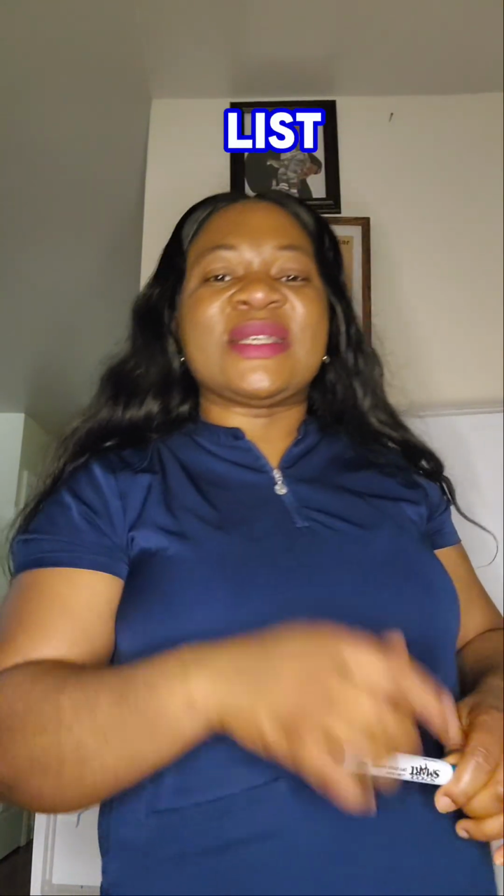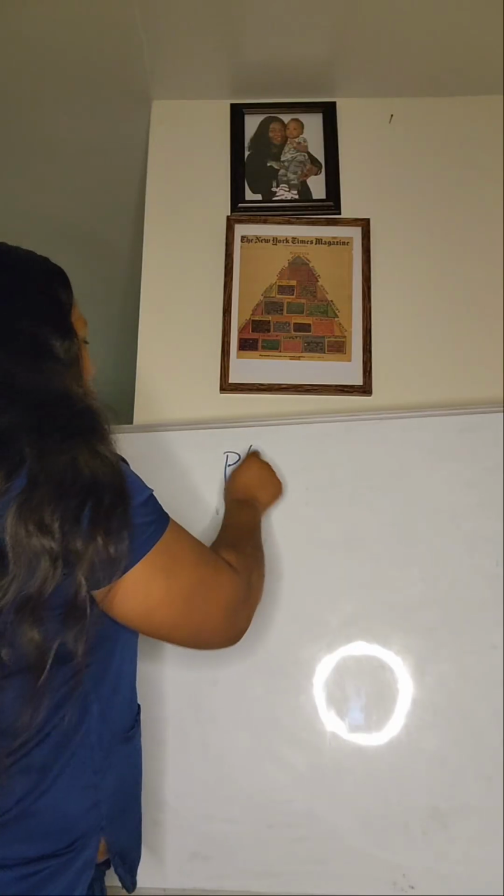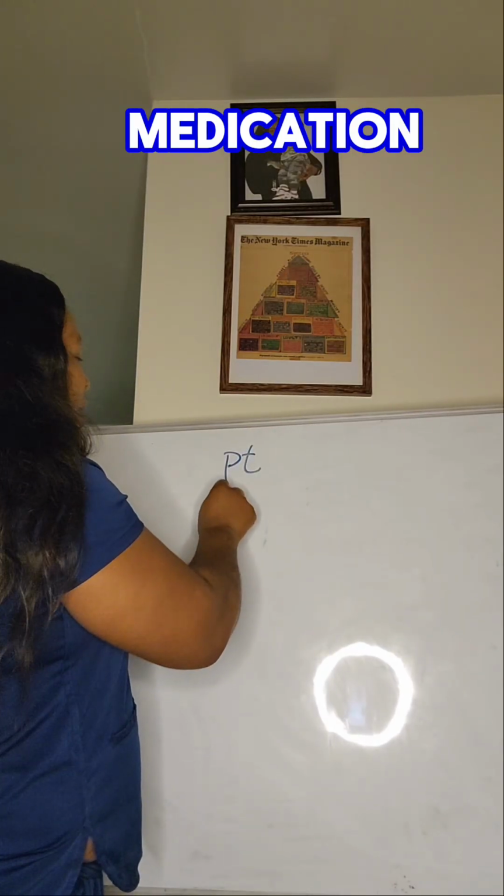So after the right evaluation comes what other rights? Let me list them and see if I'm going to get the 10 of them.